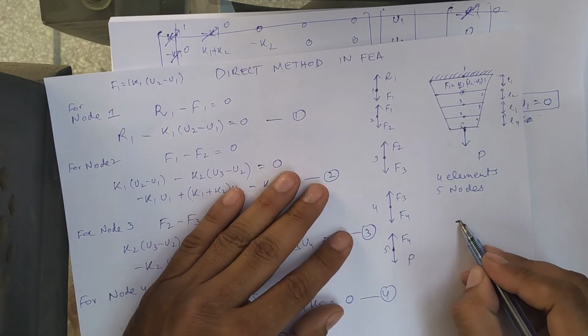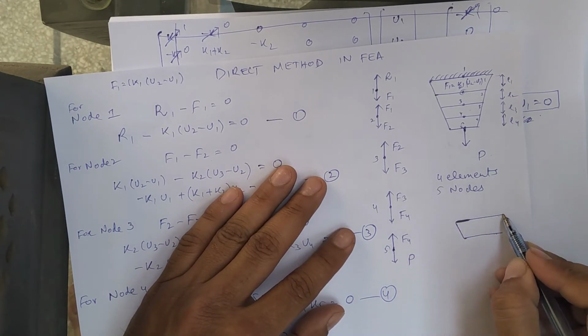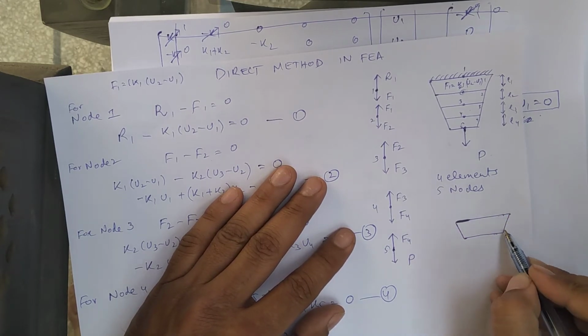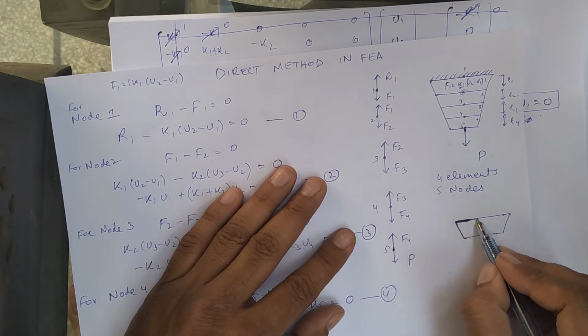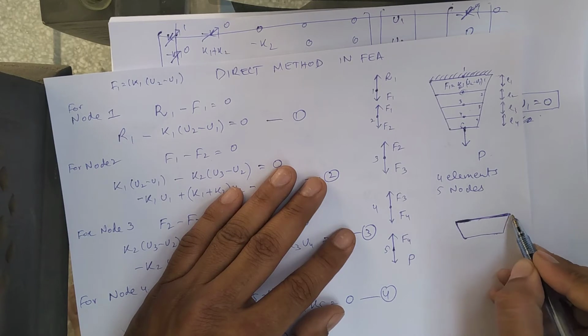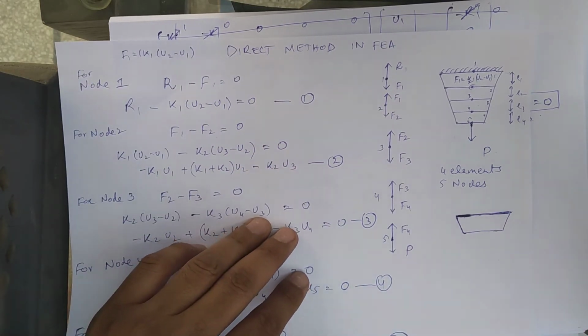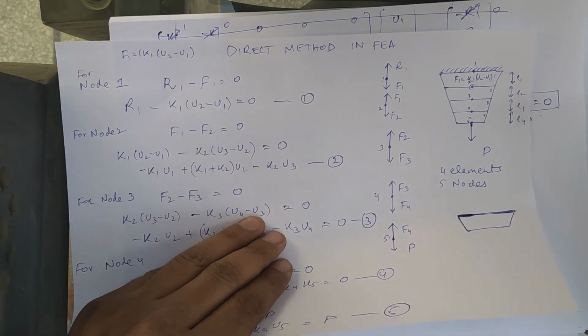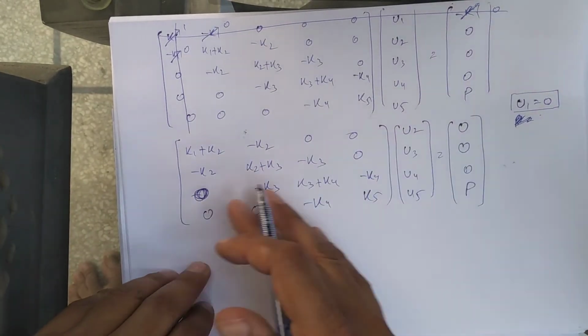In this element, the shape of an element is a little different, so it is difficult to find the cross-sectional area of this. So we will apply interpolation to find the cross-sectional area of this type of element, right? Okay, now let me give you the values of the problem. So once we have this matrix, we will go to the solution phase.